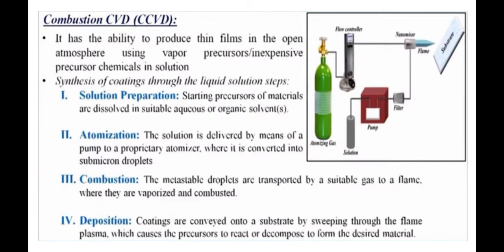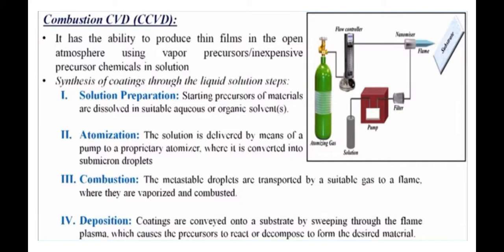The next one we are going to discuss is the combustion CVD, or CCVD process. In this case, it is divided into four parts. It is the ability to produce a thin film in the open atmosphere using vapor precursors or inexpensive precursors in chemical solution. Generally, we use this kind of technique like painting. The first part is called solution preparation.